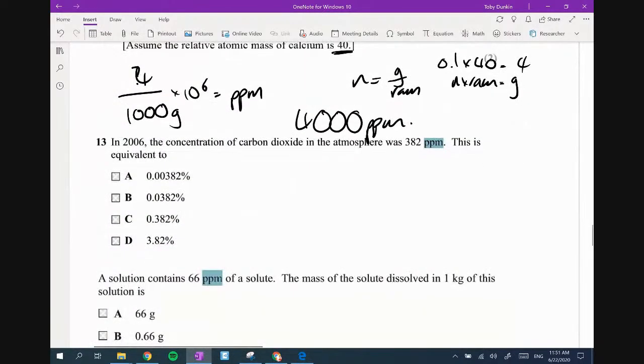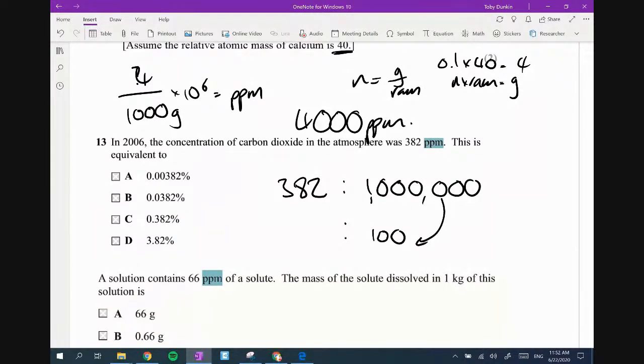Next, in 2006, the concentration of carbon dioxide in the atmosphere was 382 parts per million. This is equivalent to what as a percentage? Wow. Okay. So hang on a minute, as a percentage, parts per million. We have 382 per 1 million. That's the ratio. We want this as a percentage. Well, percentage is per 100, right? How do I get from here to here?